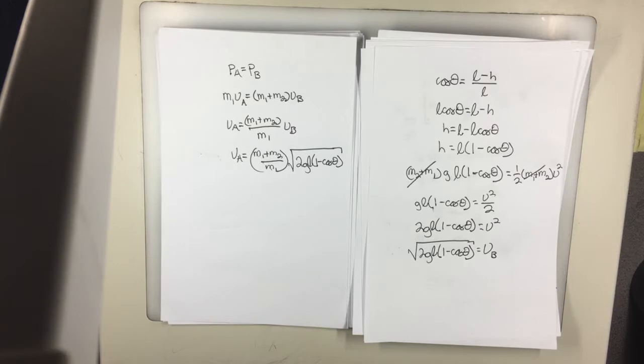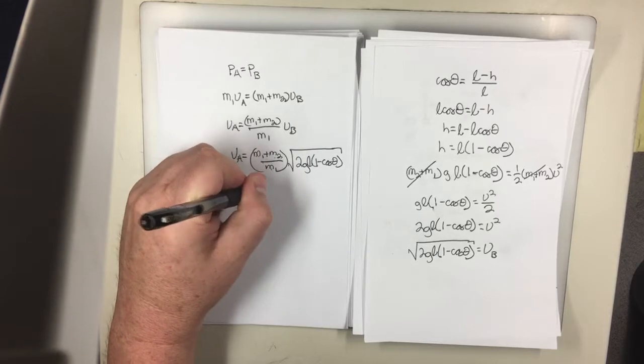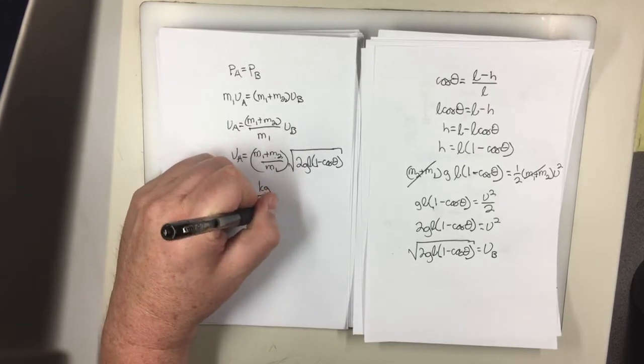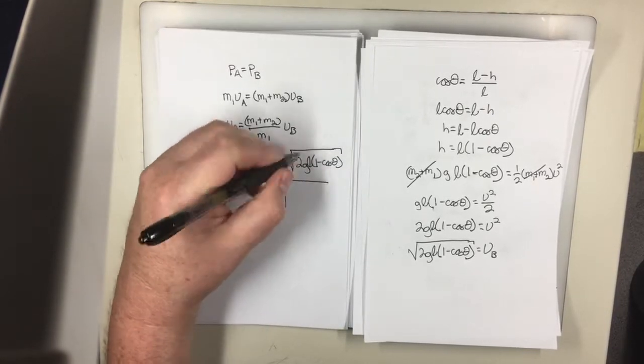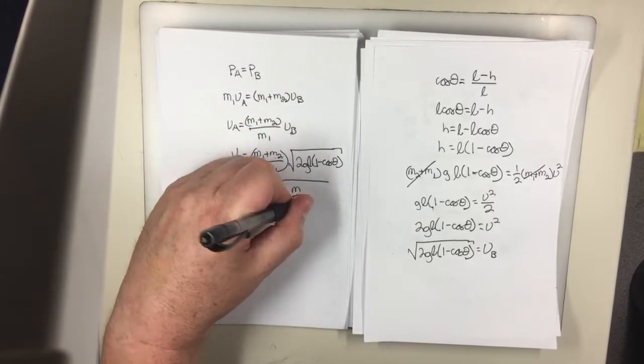One of the things that we can ask ourselves is, do I believe this equation? Is it of the right form? If I do a unit check on this equation and I get meters per second, I have confidence in it. So mass is kilograms. Mass is kilograms. Square root. Numbers don't count. G is meters per second squared.